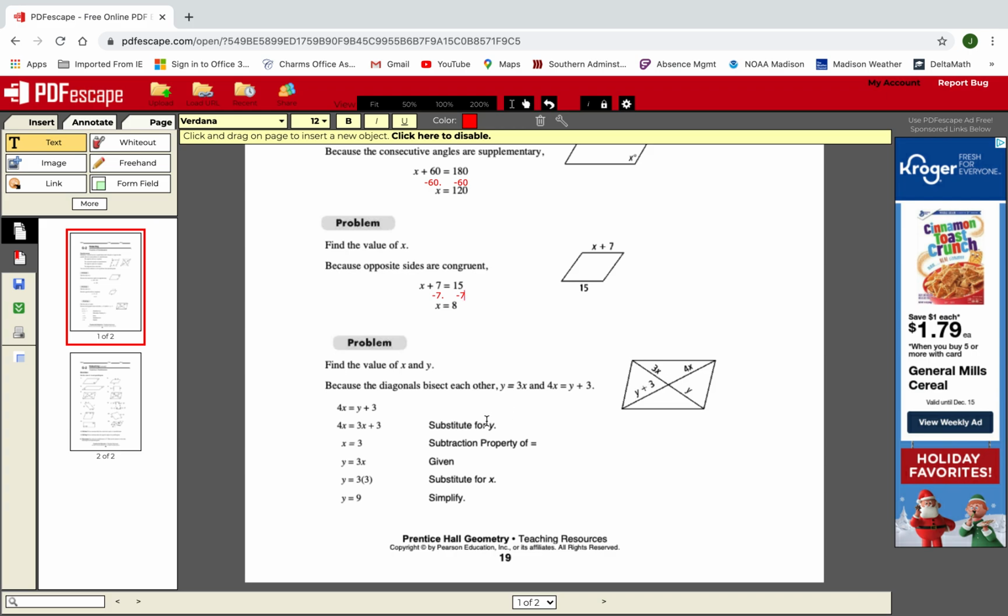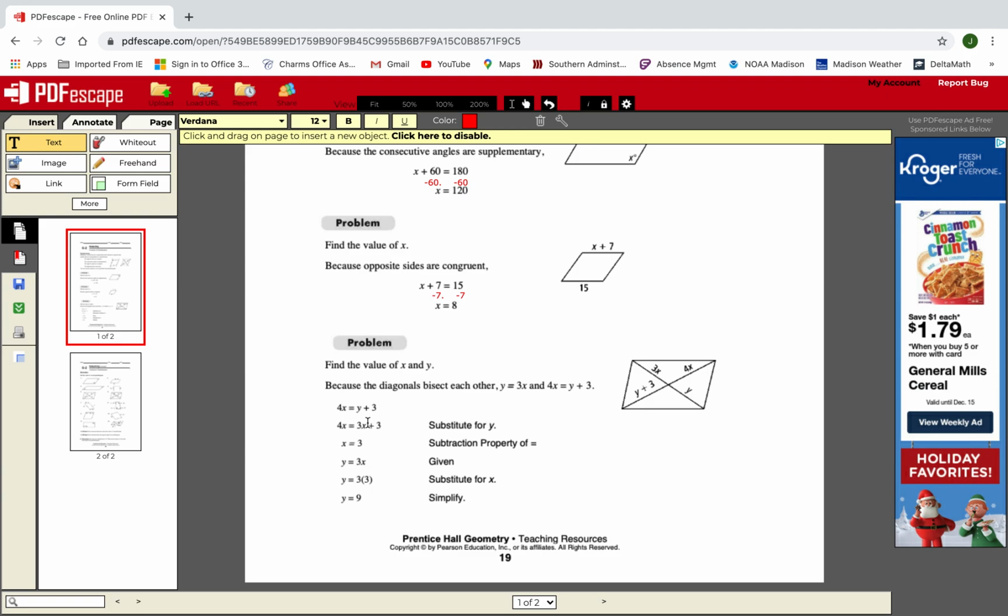So if I start by taking this 4x equals y plus 3 and solving for y, then I could set those y equations equal to each other. So that's effectively what they've done here, except they just took the value of y, which was 3x, and substituted it in for this other y, and now you have an equation that only has x's in it, and we can work with this.